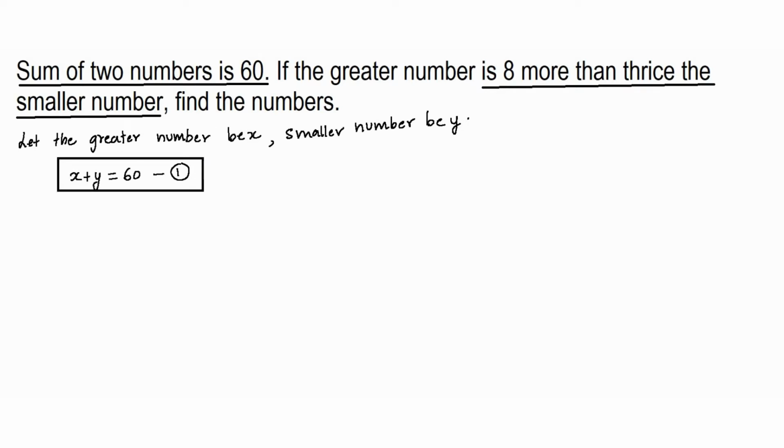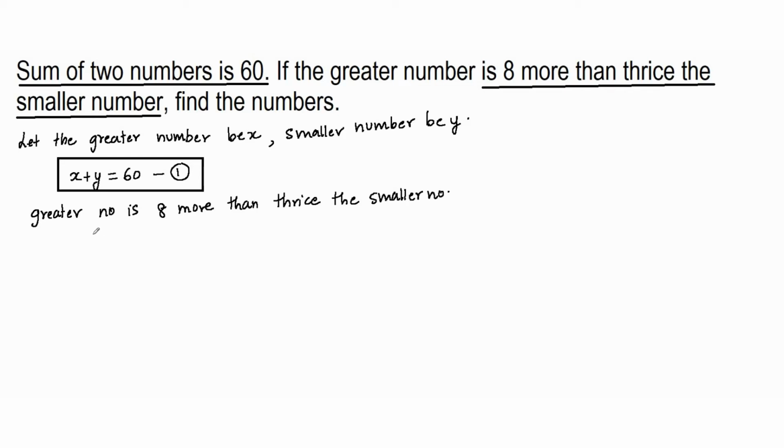Now let's consider the greater number is 8 more than thrice the smaller number. Greater number is 8 more than thrice, that is 3 times the smaller number, right?